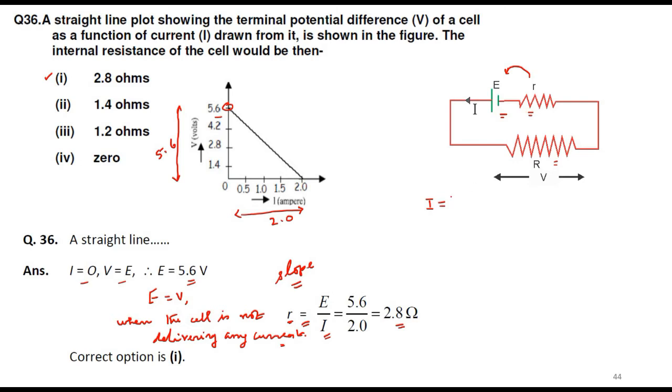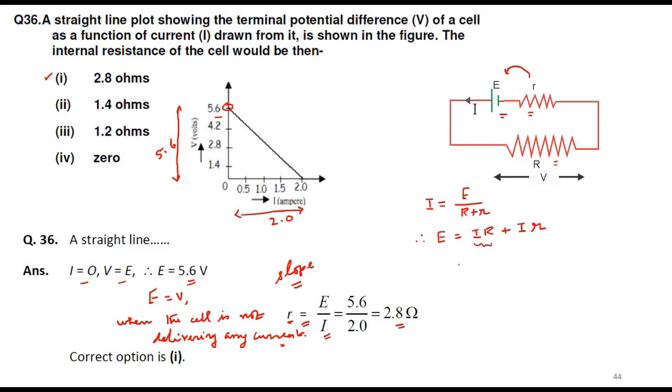So now I is equal to E by R plus r. Therefore, E is equal to IR plus I small r.